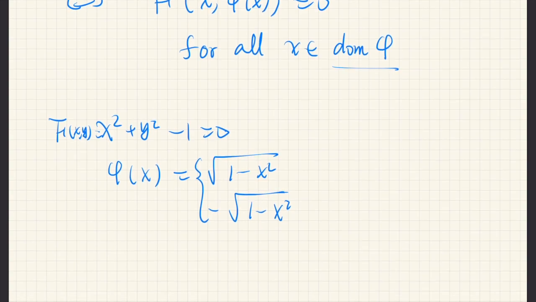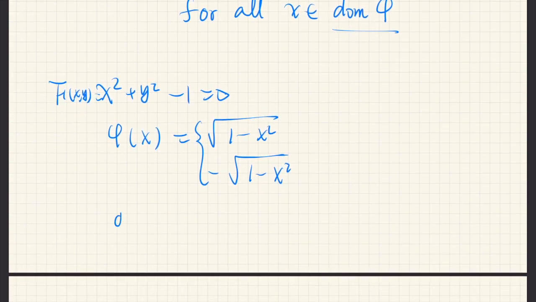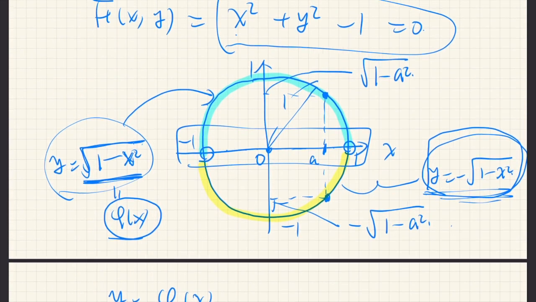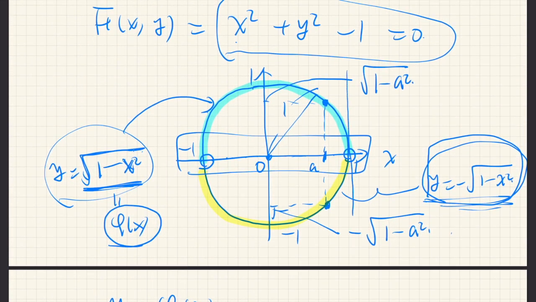And the domain of phi is the open interval between -1 and +1, not including the endpoints, because at the endpoint this tangent line becomes vertical. So this is not a function, and we cannot define an implicit function at these points. Next, we give an important theorem called the Implicit Function Theorem.